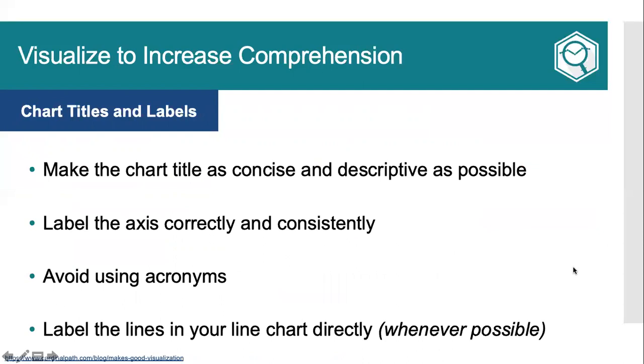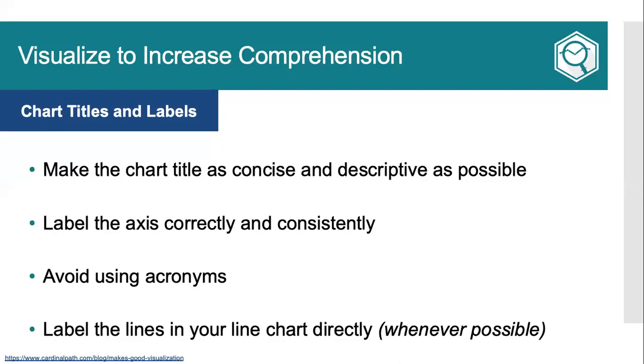And then some considerations when you're looking at your chart titles or your labels. Make your chart title as concise, but also as descriptive as possible. With long titles, your reader is going to stop paying attention at some point. Label your axes correctly, but also consistently.